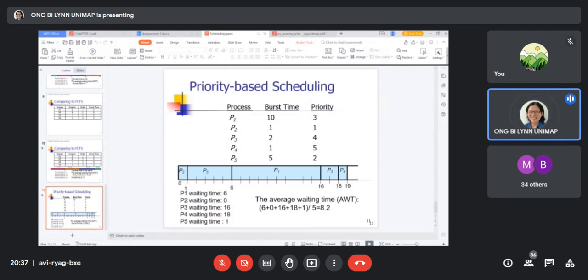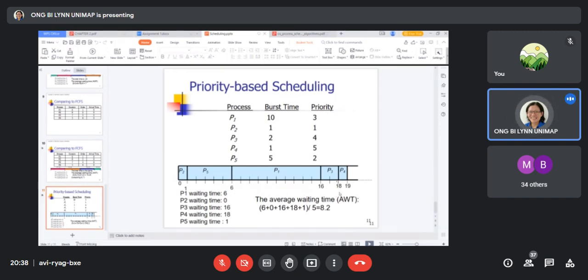So the waiting time for P1: P1 finishes at 16 minus itself 10, you have 6. P2 finishes at 1 minus itself 1, you have 0.